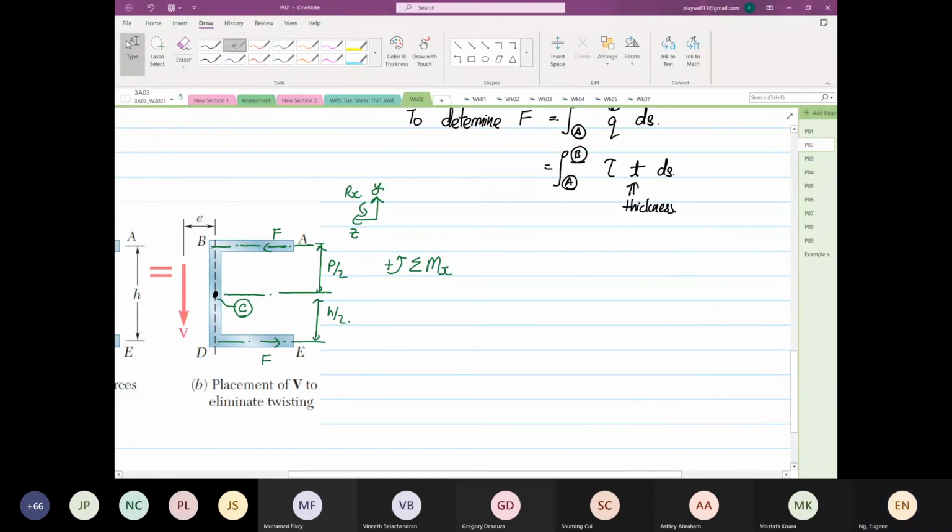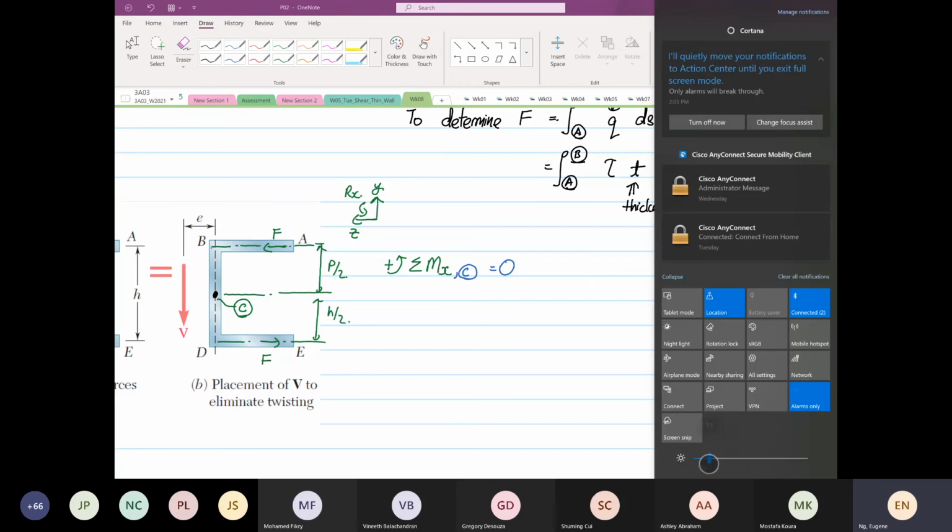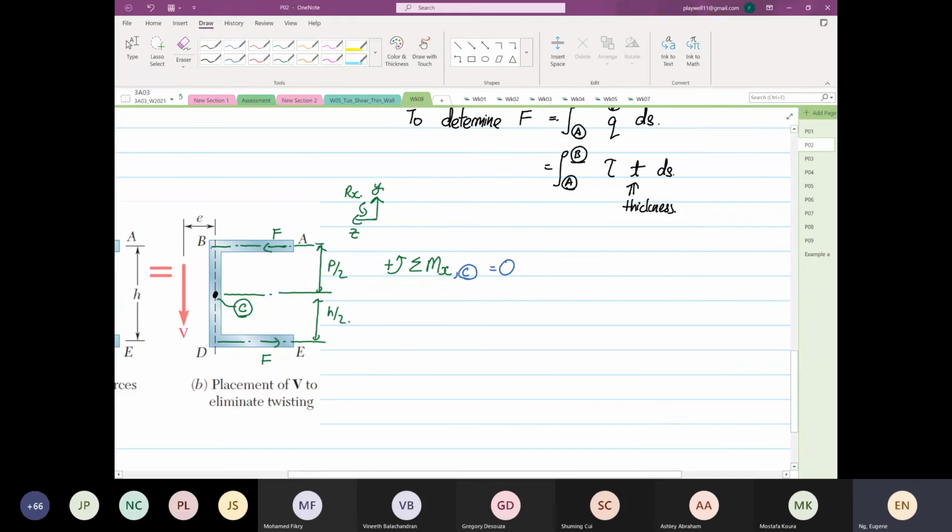So the moment about X at point C has to be equal to 0. By doing so, we are taking moments over here. Anything that's anti-clockwise is positive, that is what we are declaring. The first F, come on, Eugene, is at H over 2.